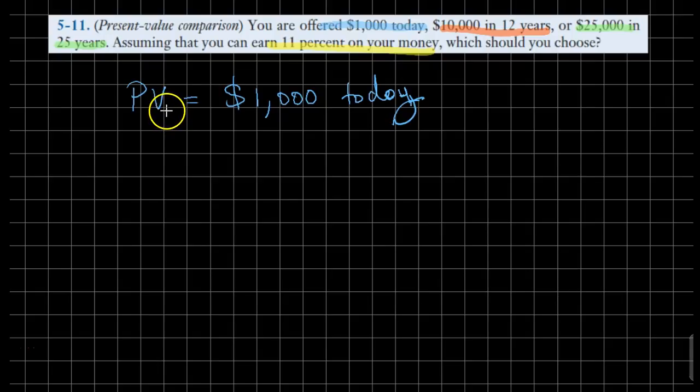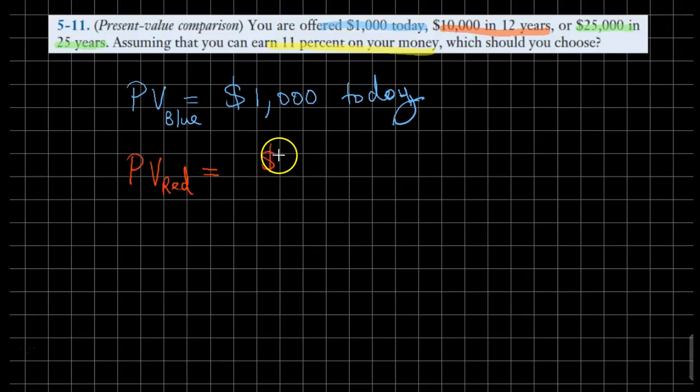Now let's have a look at the second one. How about the present value of the red investment? Well, we are offered $10,000, but we will be receiving that amount in 12 years. So we need to discount it.